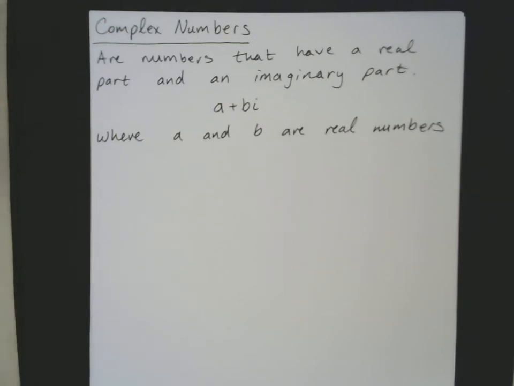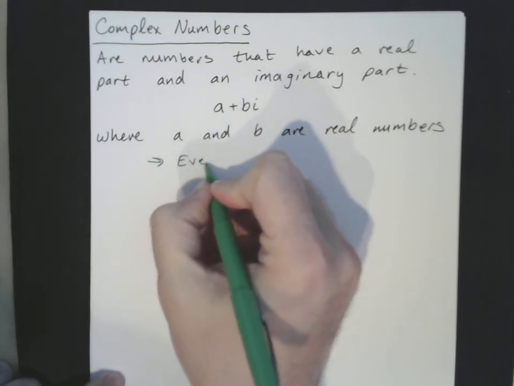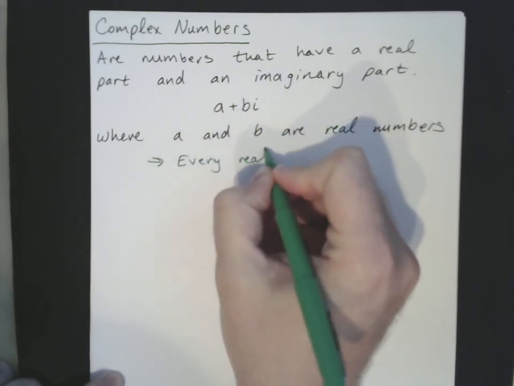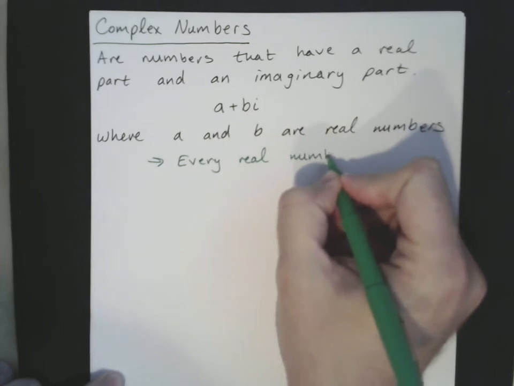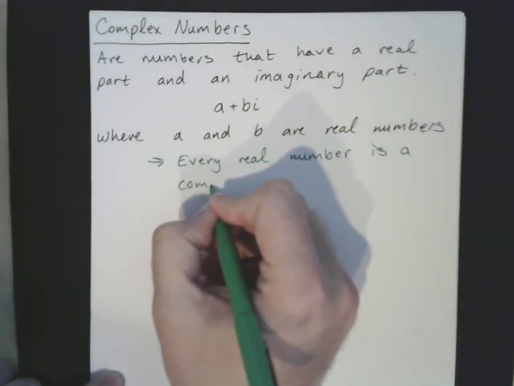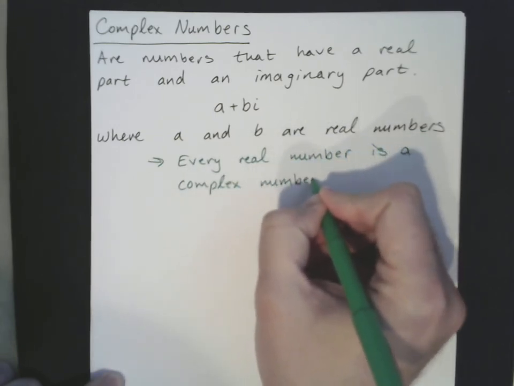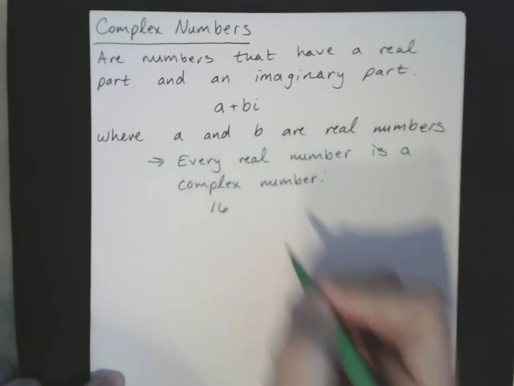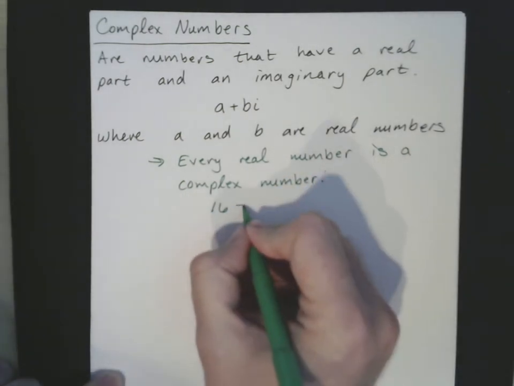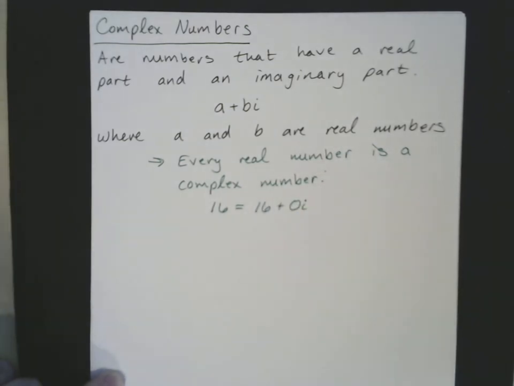And what we find is that every real number is a complex number. So let's write that down: every real number is a complex number. So think of the number 16. I can write 16 as 16 plus 0 times i.